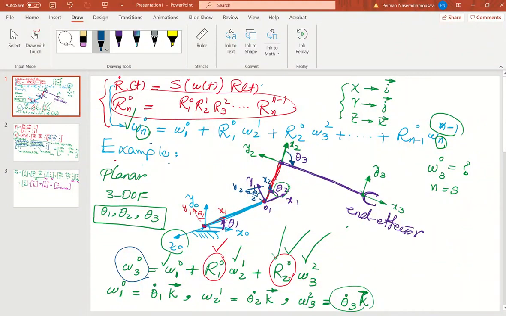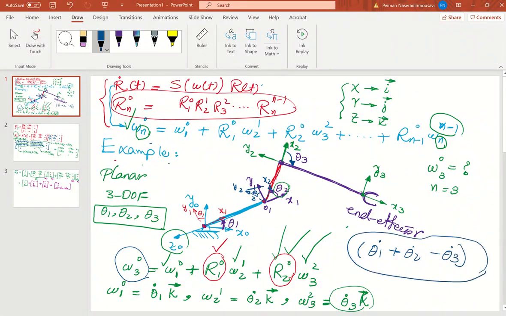Z3, based on the right hand rule, is inside the page. That's right. So the angular velocity of the end effector now is theta dot 1 plus theta dot 2 minus theta dot 3. As homework, based on this formula, calculate what happens if I change the direction of this theta.